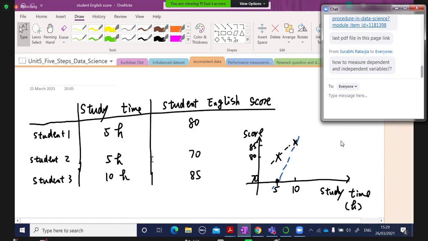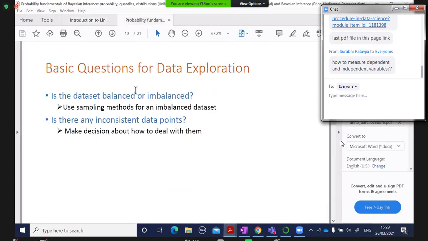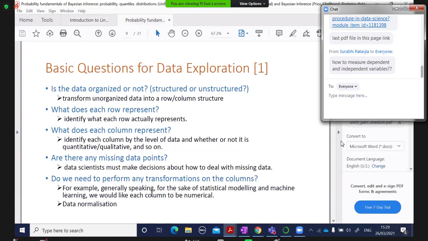Either remove one of them, thinking about which one should be removed if that is possible, or think about adding more independent variables to solve this problem. So we are in this data exploration stage. These are some basic questions you must ask whenever you work on a data set. It doesn't matter which data set you are given, you need to think about these basic questions. So this is stage 3.